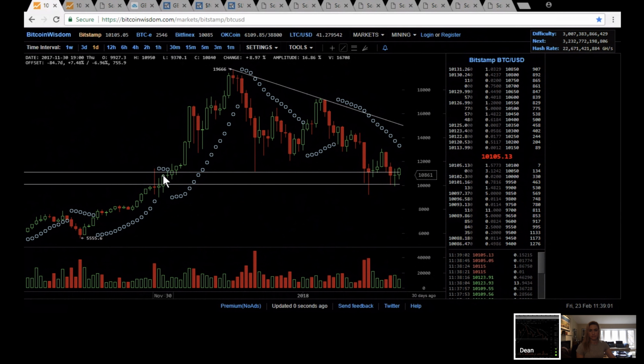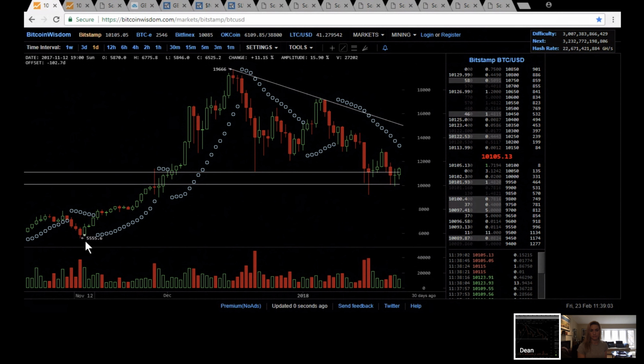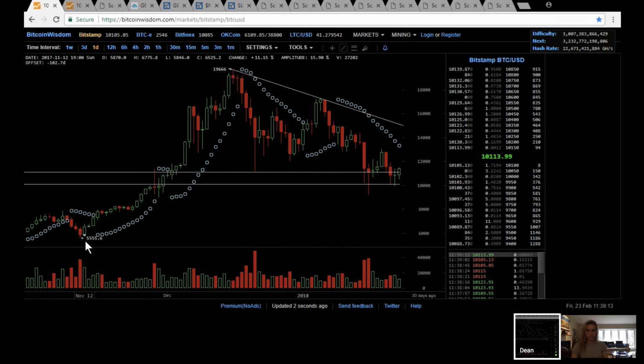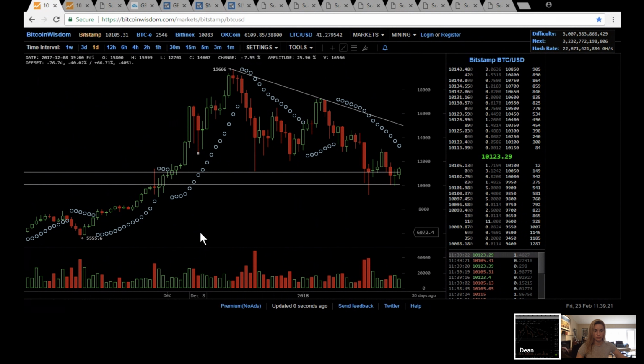Other than that, this system, this SAR, works wonderfully well with Bitcoin particularly. I've tried it on other cryptocurrencies, but for now I'm using it exclusively for Bitcoin and for GBTC, the Bitcoin Investment Trust.